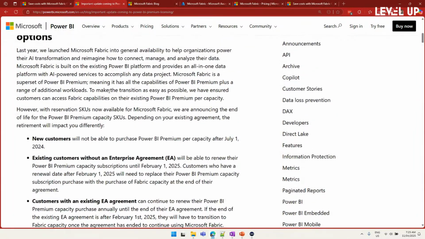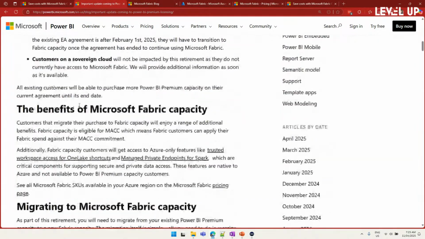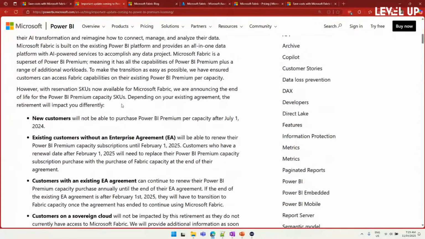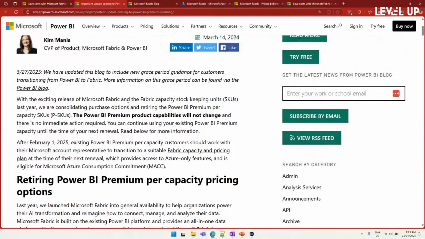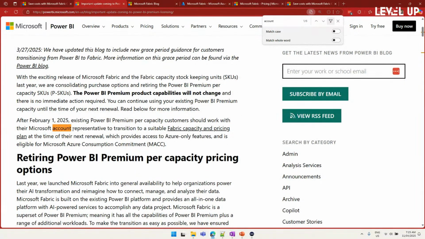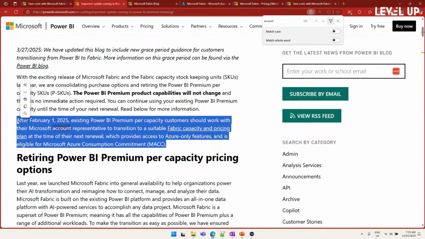So that's my only recommendation. They are recommending for any of you using Power BI Premium to have a chat with your account representative to transition to a suitable Fabric capacity pricing plan. I don't believe this is good enough, to be totally honest. I like the idea of simplifying things in Microsoft Fabric.